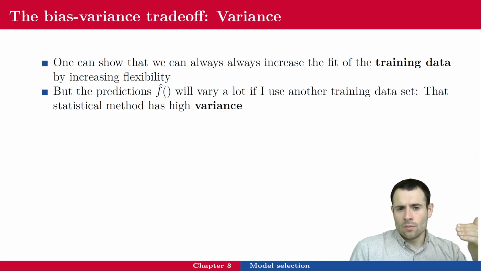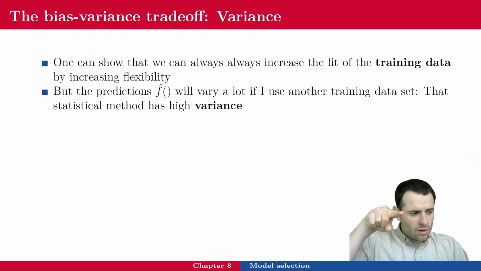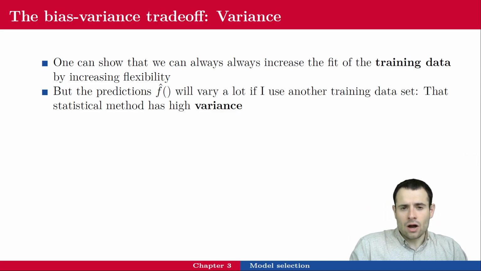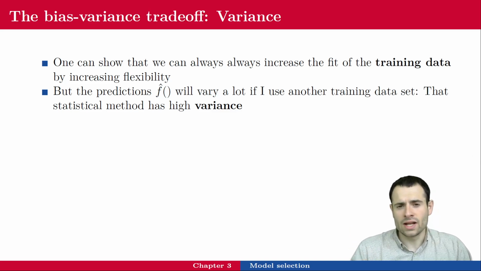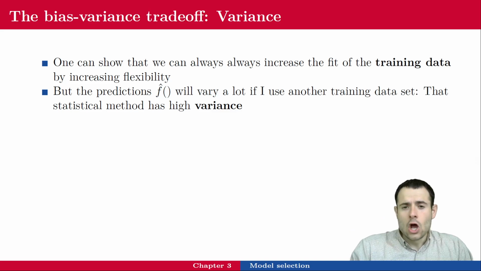The more flexible the model is, the more erratic its predictions are, the more variance it has. Because if I go to another data set and I use the same method on another data set, I'm going to get another erratic behavior which doesn't look like the first erratic behavior. That's what we call the variance of a statistical method.